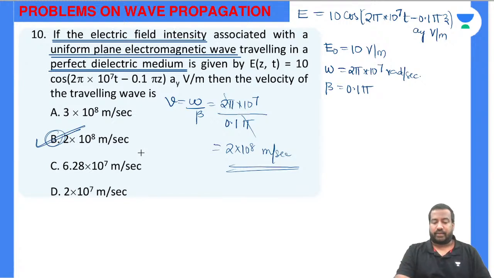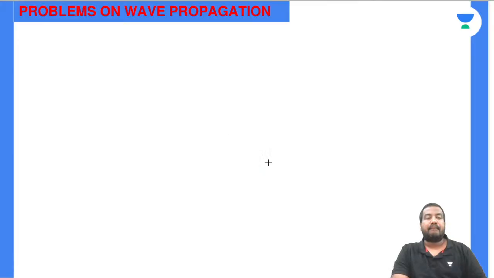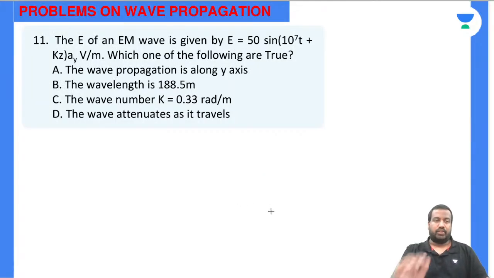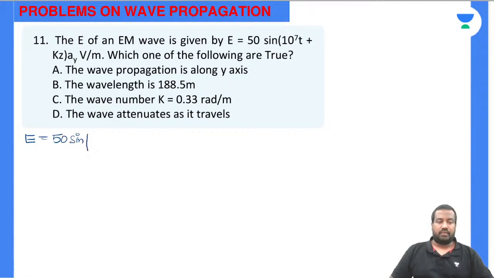I'm right. So next question. We'll go for the next question. Yes. Try to solve this. The E of an EM wave, that means the electric field of an EM wave, is given by 50 sine of 10 power 7 t plus kz AY volt per meter.